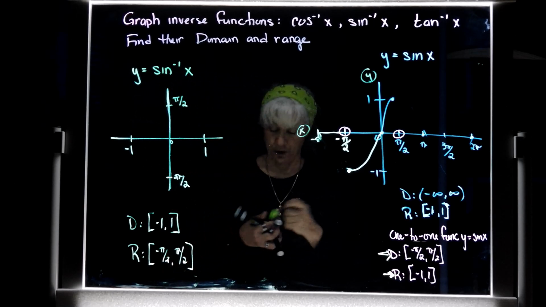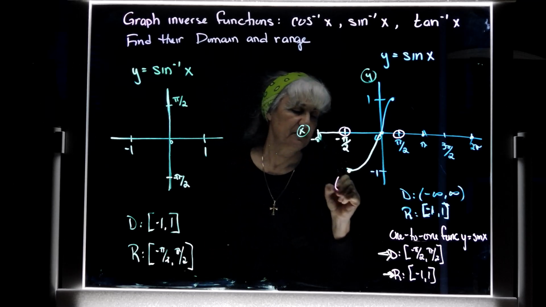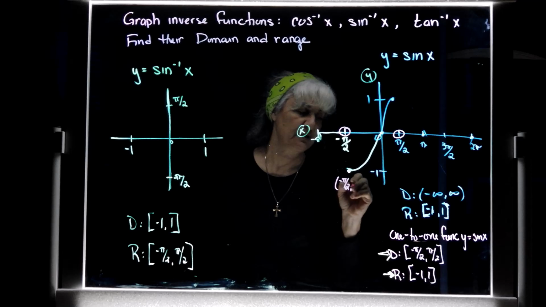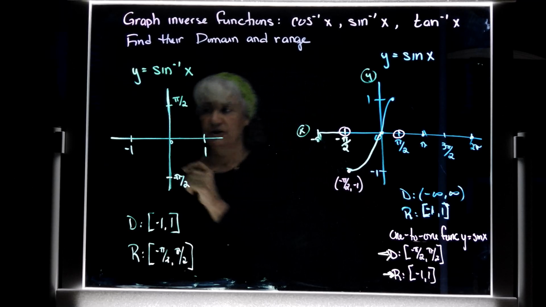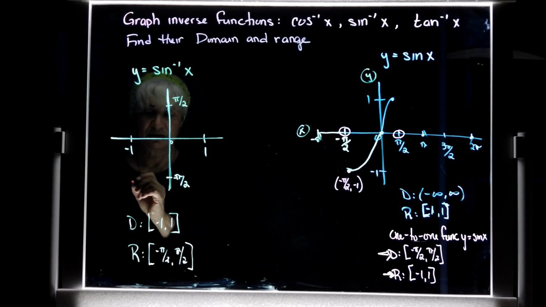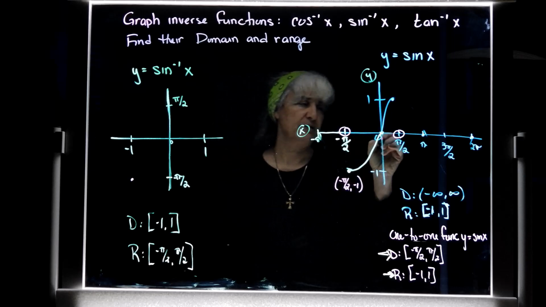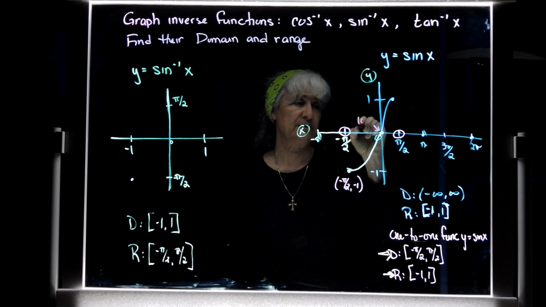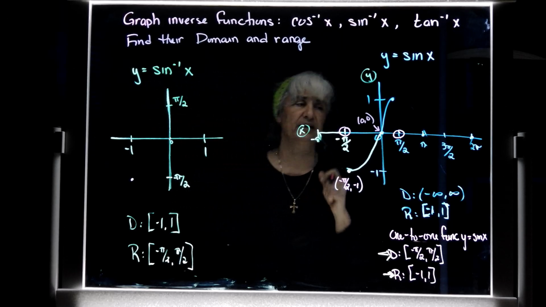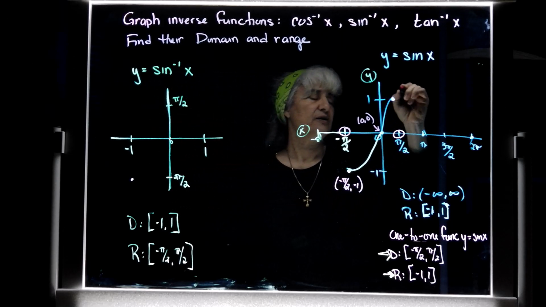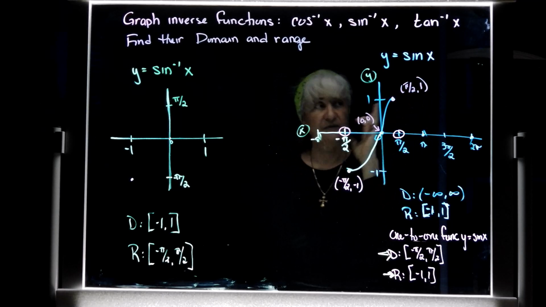Good? Okay. Now, this point was -π/2, -1, right? On the inverse, it's going to switch. So that's at -1, -π/2. This point's easy. This one's 0, 0. You switch 0, 0, you still get 0, 0. Yay for that. This point was π/2, 1. Well, on the inverse, it switches.